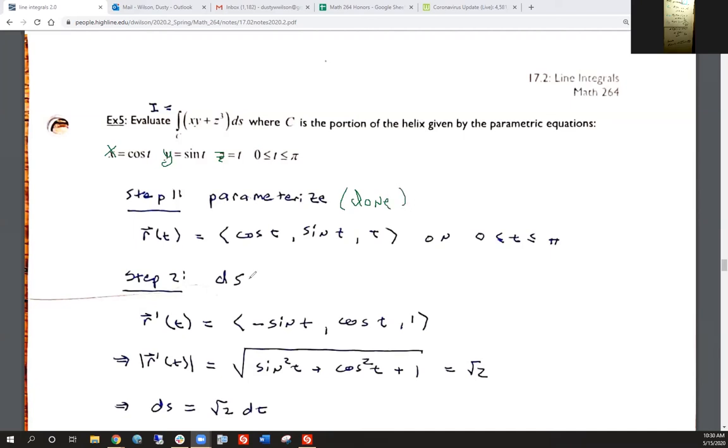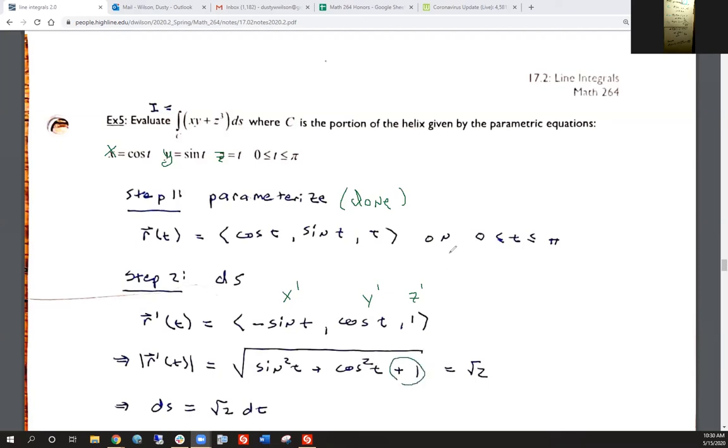Now, when you want to find your DS, it's going to require the derivative of the X component, the derivative of the Y component, and then now the new and improved derivative of the Z component. When you find your norm or your magnitude, you're going to have that third component there.